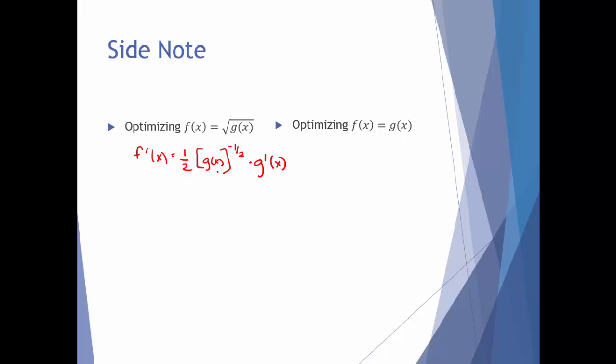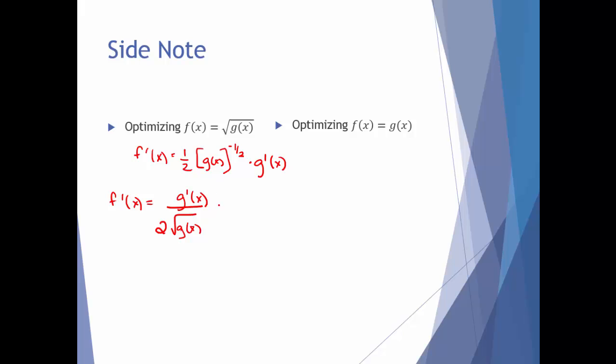So if we look for critical numbers, we need to take a look at where the derivative doesn't exist and where it's equal to 0. I'm going to rewrite this just a little bit. Anything with the negative exponent goes down to the denominator, and then the 2 is down in the denominator. So we'll have 2 times the square root of g of x in the denominator, with a g prime of x in the numerator.